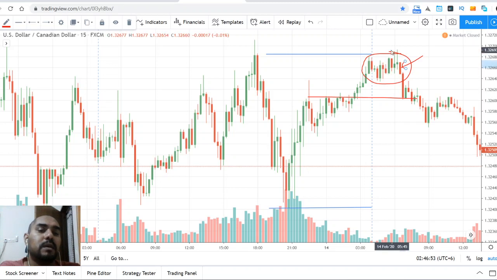The buyer tries again, comes back hard, tries again, but closes below, again closes below, and then this candle couldn't go up. Okay, so this is the indication. After all this up down up down, a small range.